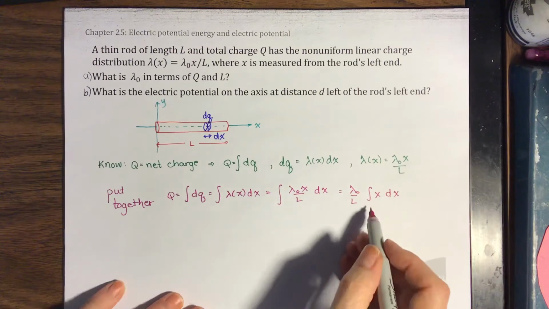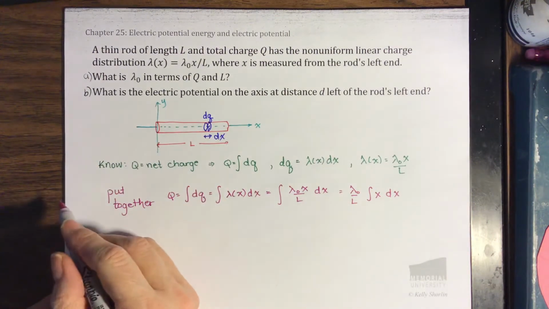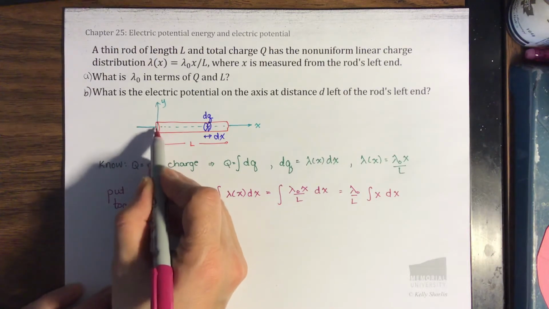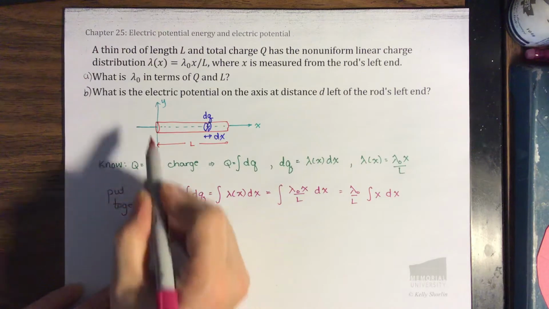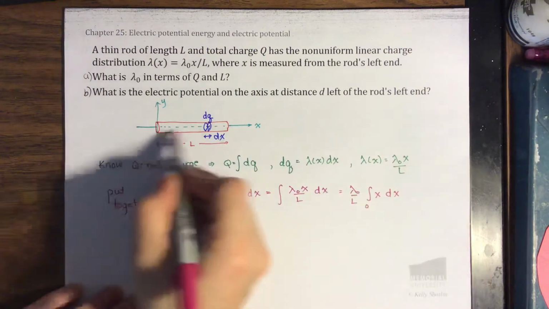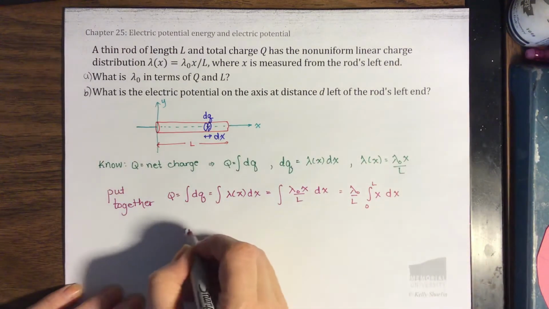We better think about the limits of our integral here. We're integrating over the entire length of the rod, because we're adding up the bits of charge over the whole length, so we'll start on one end and we'll finish at the other end. The left end of the rod is at x equals 0, and the right end of the rod is at x equals L.